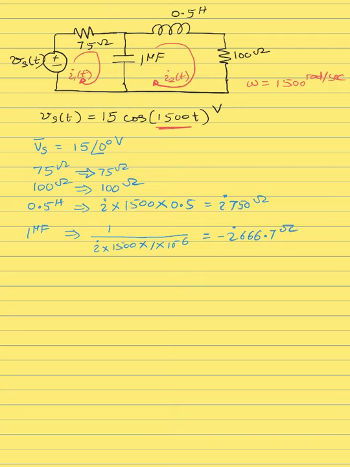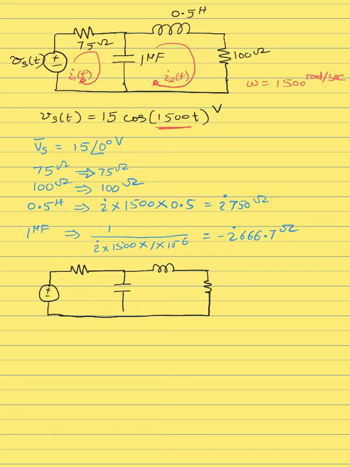Okay, so now we have all the variables in the phasor domain, or frequency domain, and we should be good to solve the circuit. So I'm going to draw the circuit one more time, with all the values in phasor form, with the variables as well as the given numbers.